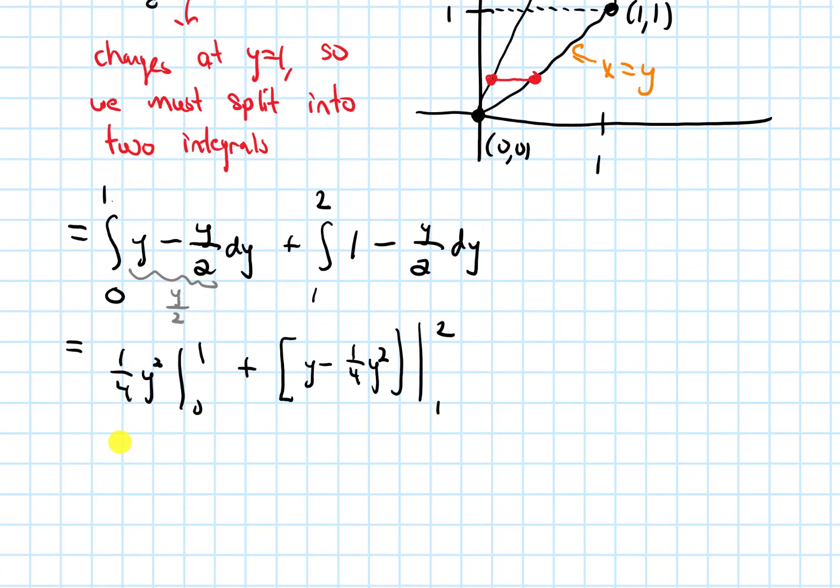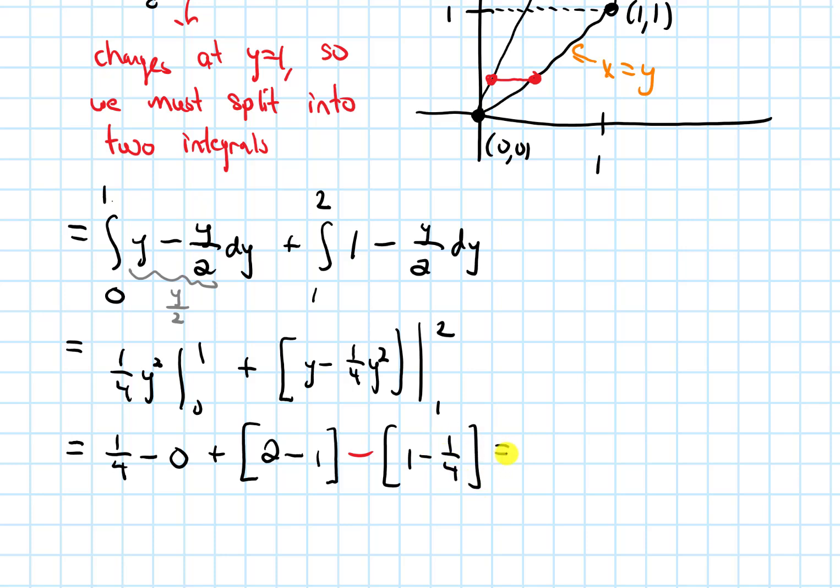So if we do that, if I plug in 1 into this, I'll get 1/4. Minus, if I plug in 0, I'll get 0. Plus, if I plug in 2 into this, we'll get 2 minus 1. And then I have to do minus what I get when I plug in 1 into this, which will be 1 minus 1/4.